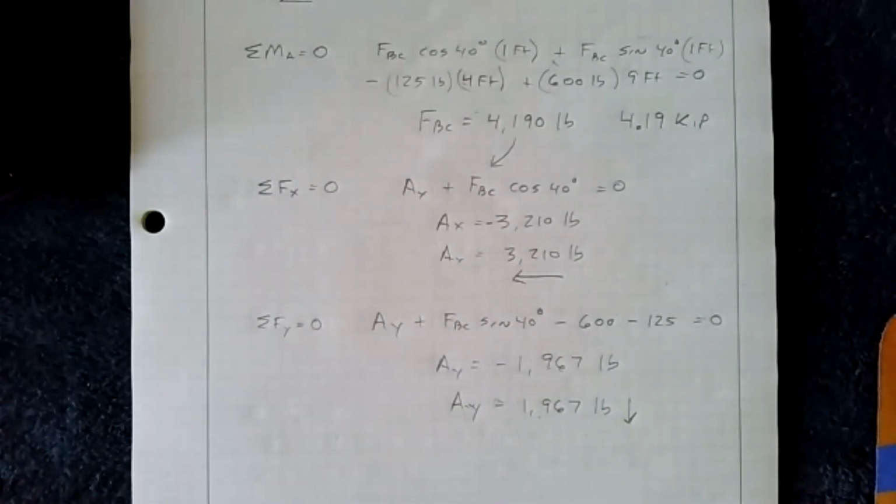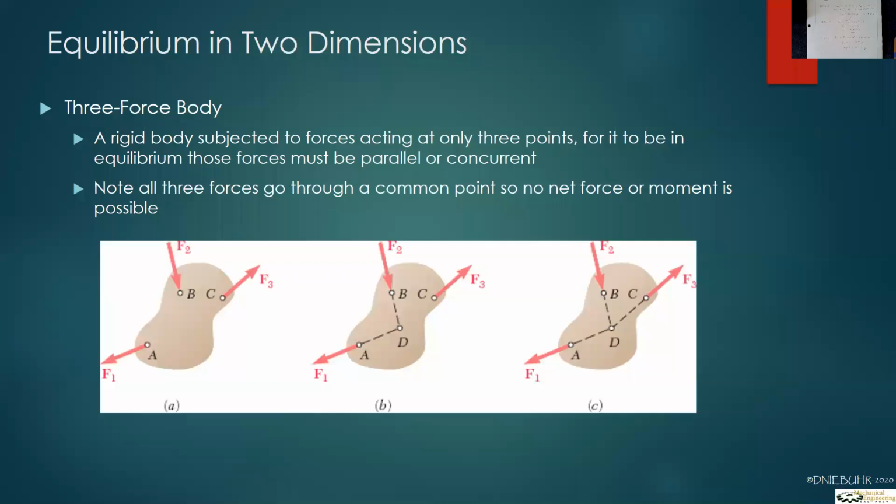All right, so looking past this, we also have the concept which is called a three-force member. Now, the three-force member is similar to the two-force member in the sense that if you have multiple forces acting on a system, they have to go through the same point.